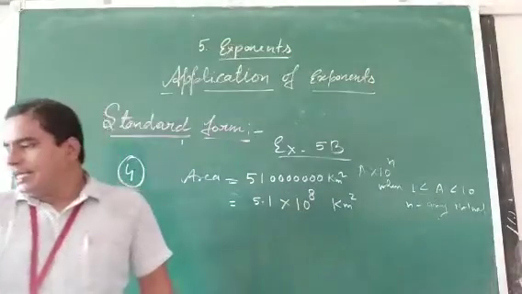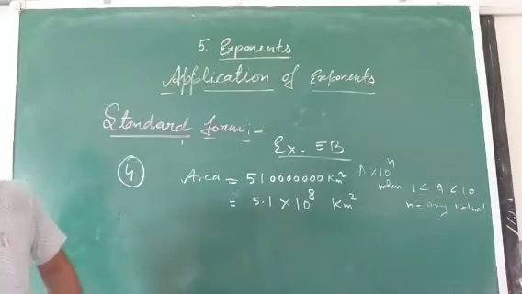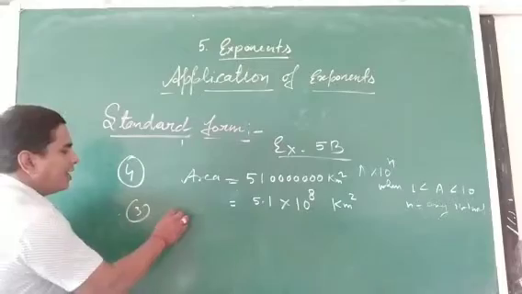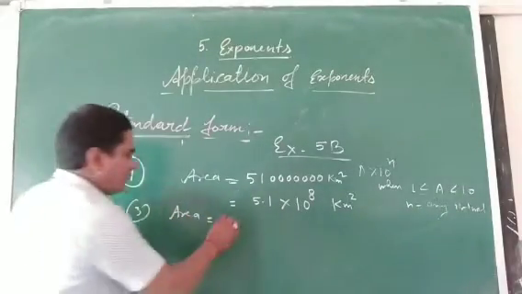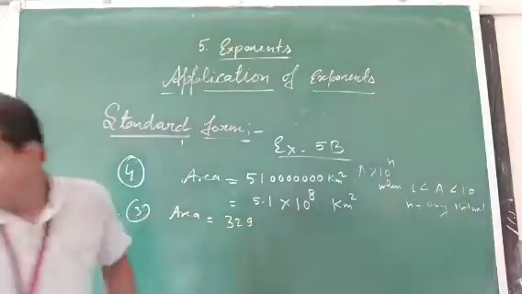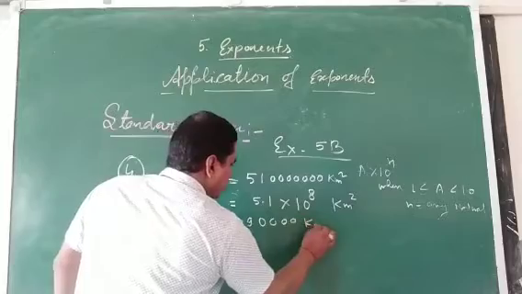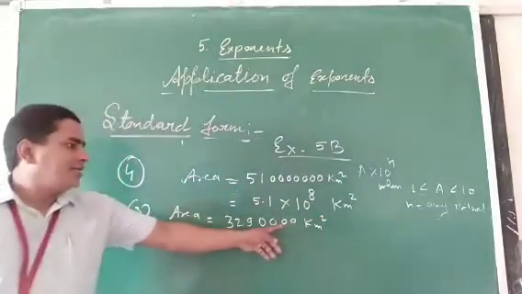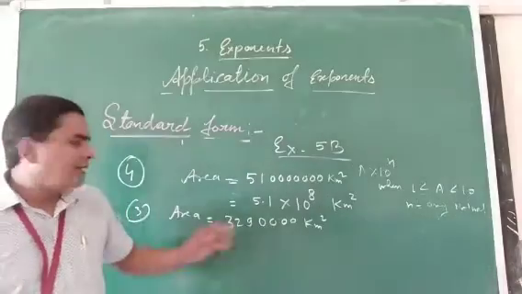Okay, students. In the same way you can write question number 3 also. The area of India is given in a large value form. 3, 2, 9 and 4 zeros. 1, 2, 4 kilometer square. That means ones, tens, 100, 1000, 10,000, lakh, 10 lakh. 32 lakh, 90,000.